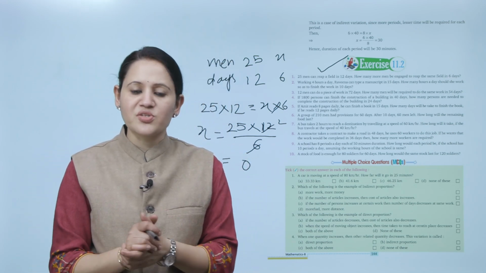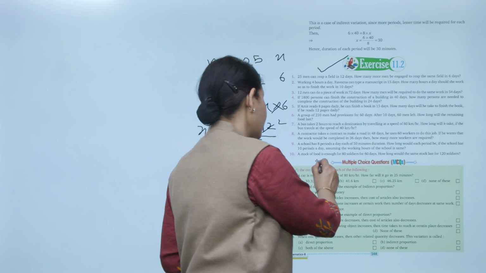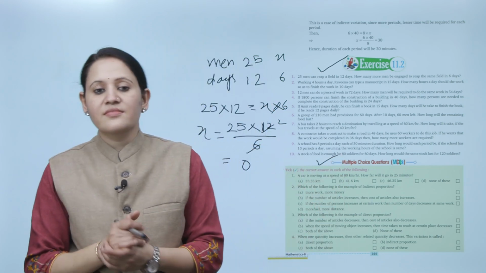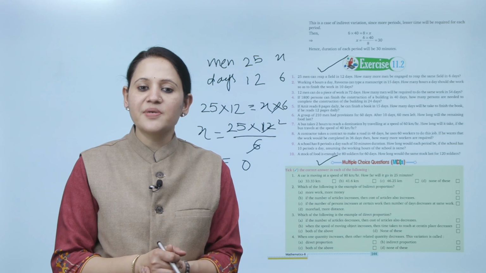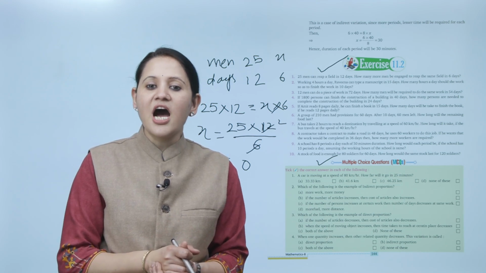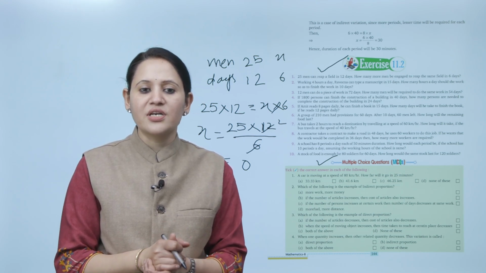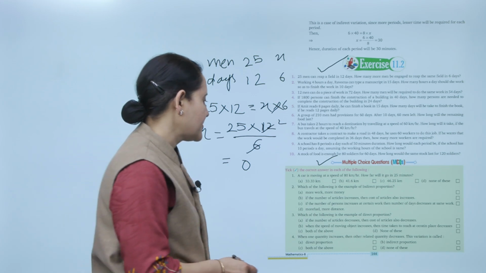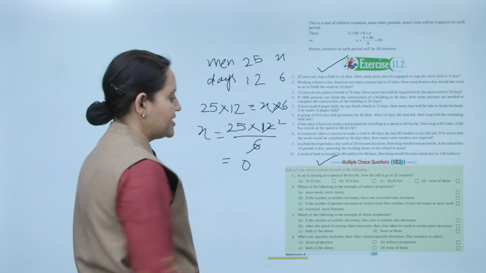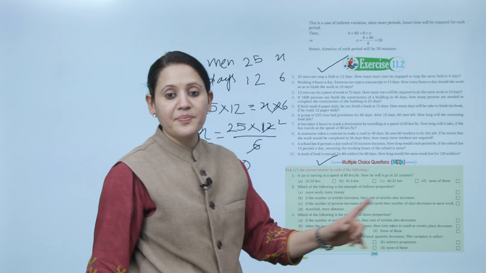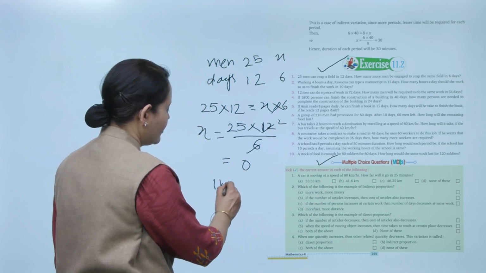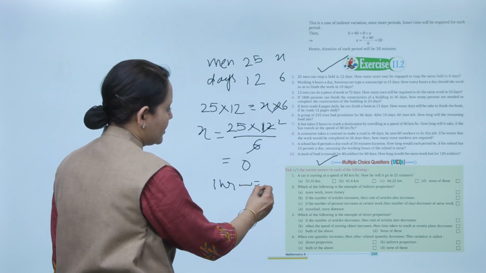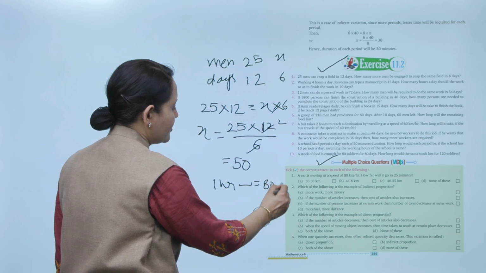Next is multiple choice questions. Take the correct answer in each of the following. A car is moving at the speed of 80 km per hour. How far will it go in 25 minutes? So speed is 80 km per hour, means 1 hour में that is going 80 km.